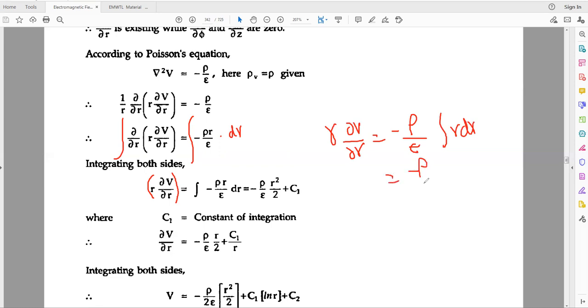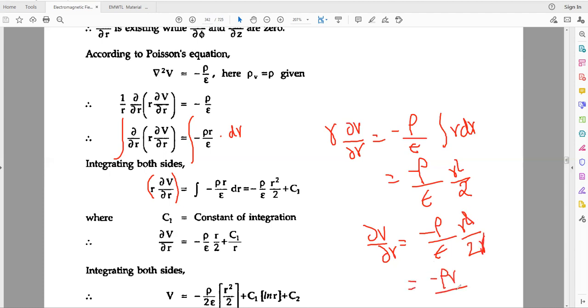That is equal to minus rho by epsilon naught times R square by 2. And cross multiply this R here. Dou V by dou R is equal to minus rho by epsilon naught, R square by 2R. R and R get cancelled.